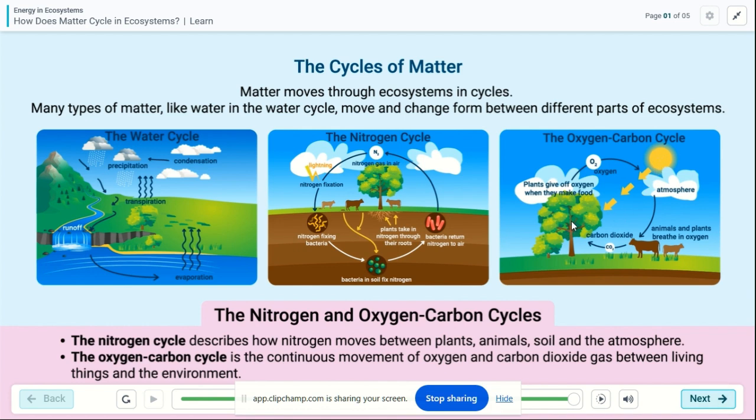The shajar is a producer. It makes oxygen. The hayawan need oxygen. But the hayawan make carbon dioxide, and the shajar need carbon dioxide for photosynthesis. So it goes round and around. These are the three cycles: water cycle, nitrogen cycle, and oxygen carbon cycle.